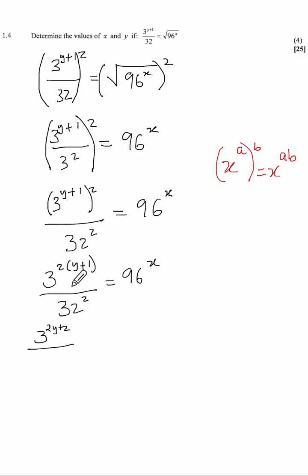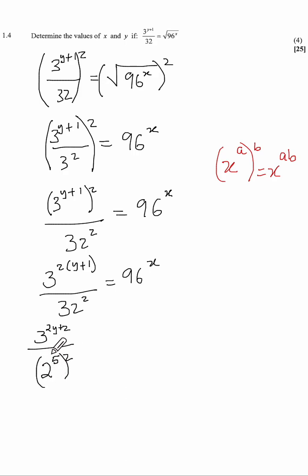I will have exponents on both sides, but those exponents should have the same base so that I can equate powers. I can see that I can express 32 as a power of 2. So I know that 32 can be written as 2 to the power of 5.